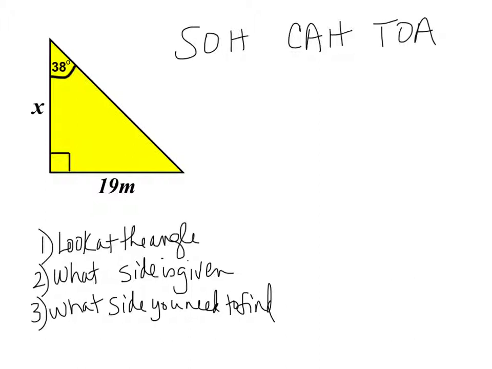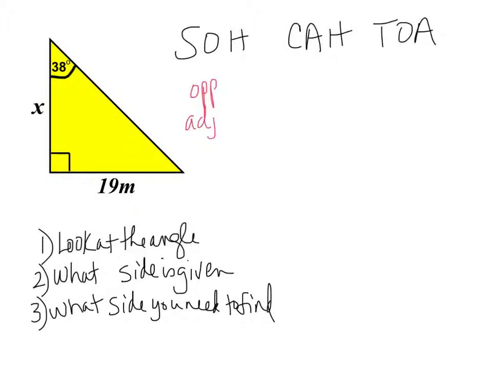So based on this angle right here, what side is given? If you notice, 19 meters is given. From the angle, 19 meters is the opposite side. So I'm just going to write OPP for opposite. Based on the angle, the side I need is x. If you notice, this is the adjacent side.